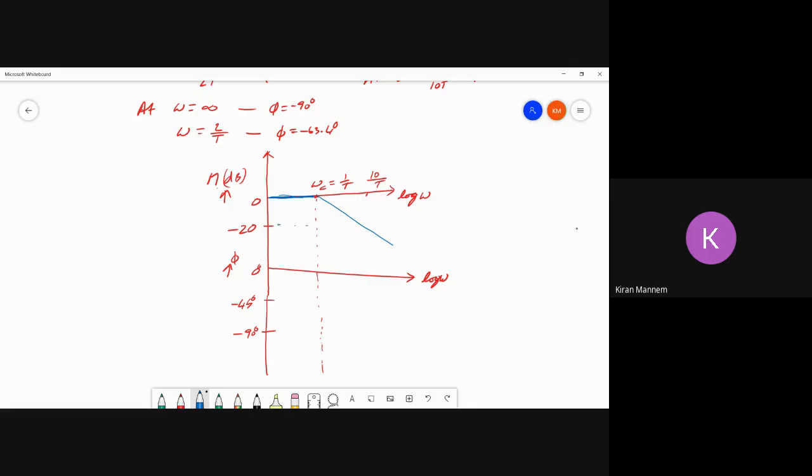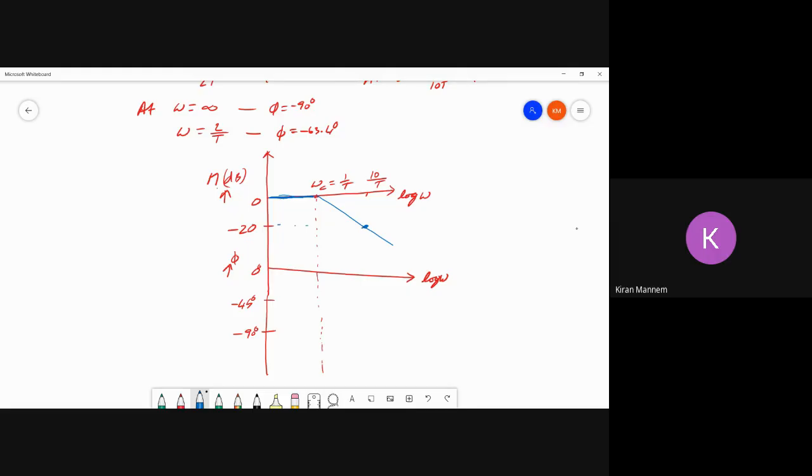This point is at 10 times the corner frequency, isn't it? Minus 20 dB per decade means for every decade, the magnitude is decreased by 20 dB. That's why we have one point here.